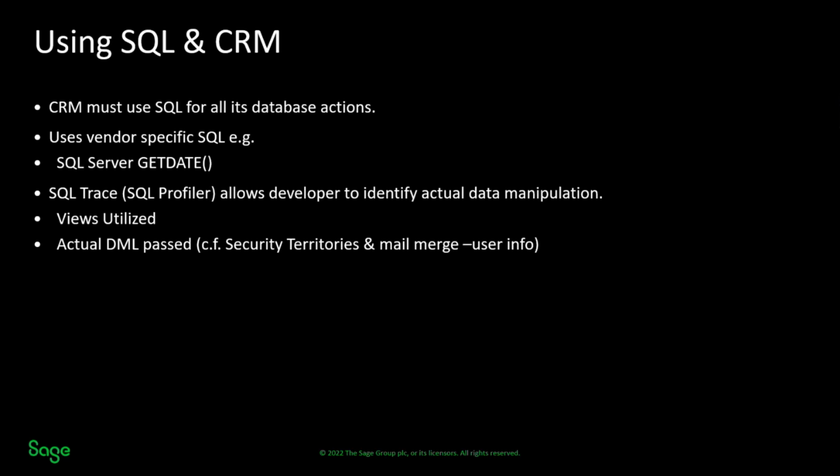We do have some automation inside the database around the denormalization specifically of the phone and email tables, but basically we're not introducing our own custom functions. We're always using vendor-specific functions like getdate in order to carry out tasks inside the database.